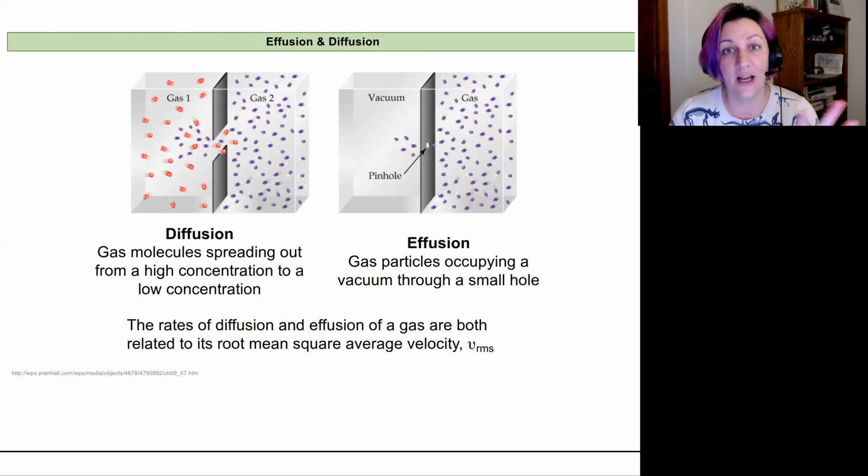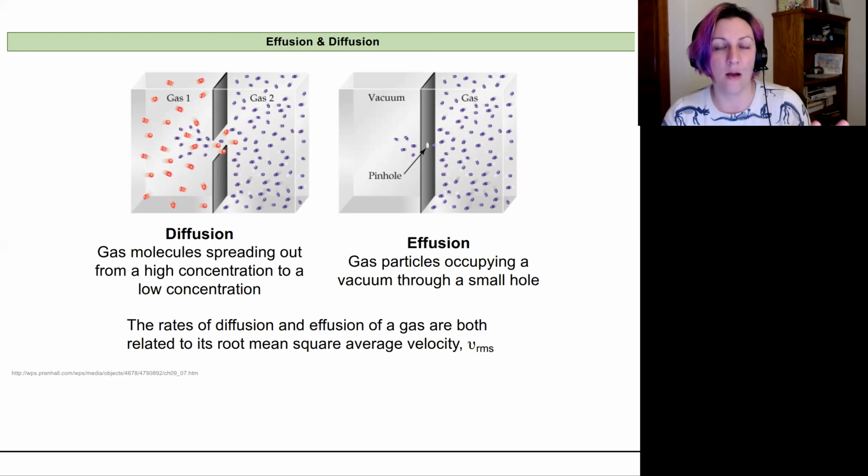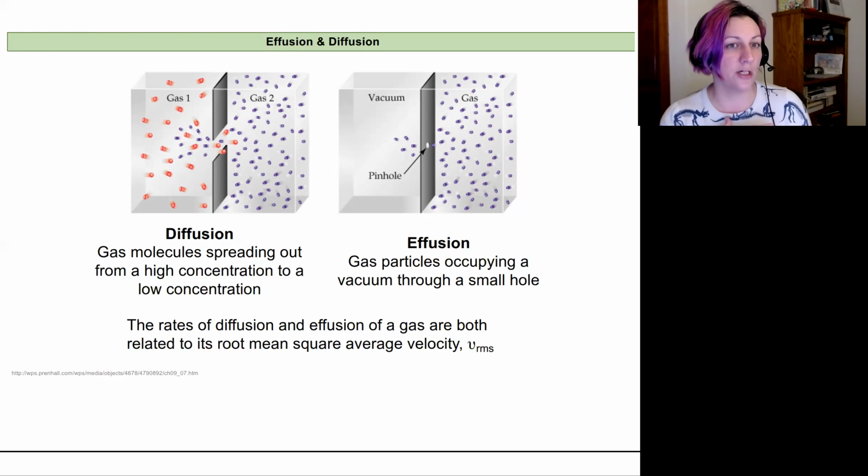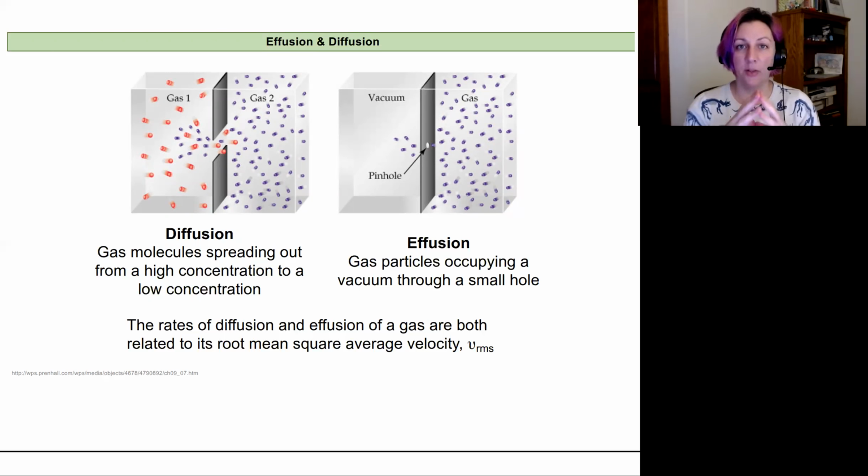So now I'd like to define two different types of movement that we can study for gas particles: diffusion and effusion. Diffusion is when gas particles spread out from a high concentration to a low concentration. And so a gas will always expand to fill its container. What we're showing here is two separated gases, and then we create an opening between them.